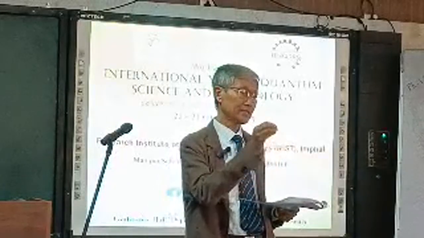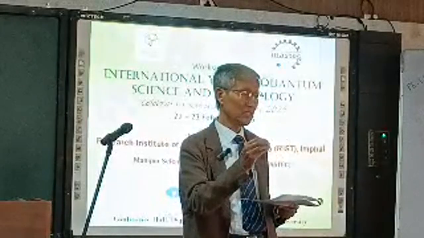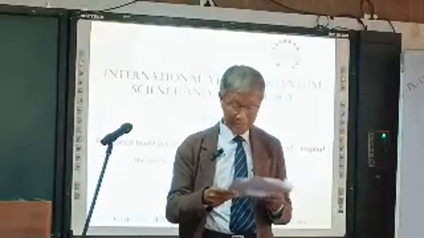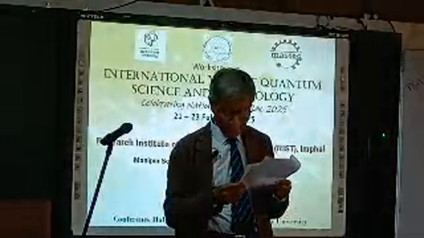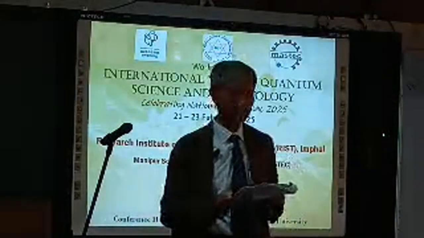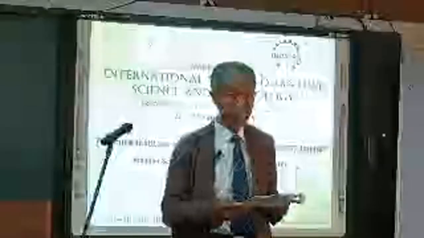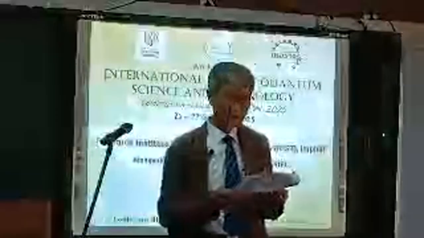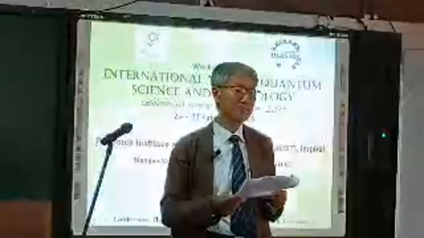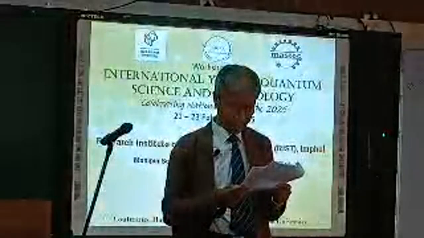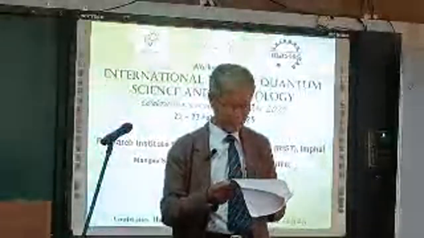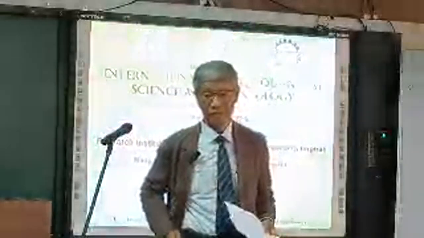It is like this: if without in any way disturbing a system, we can predict with certainty, that is with probability equal to unity, the value of a physical quantity, then there exists an element of physical reality corresponding to this physical quantity.